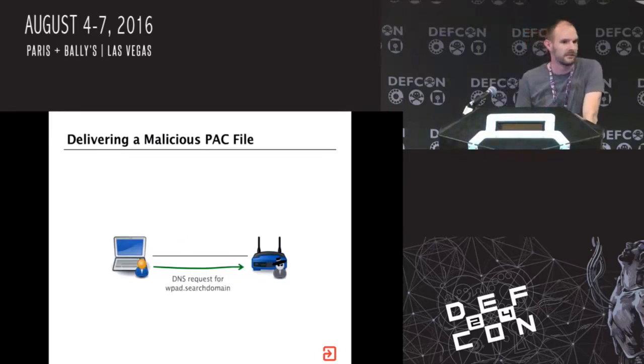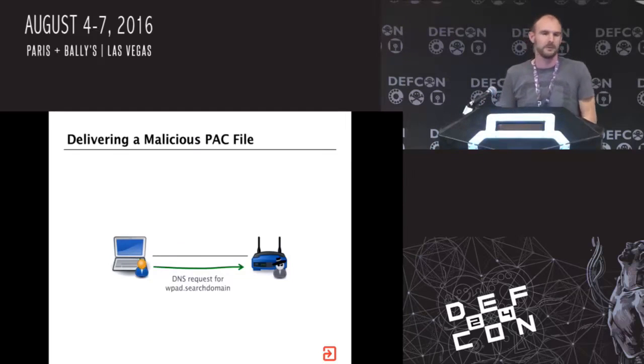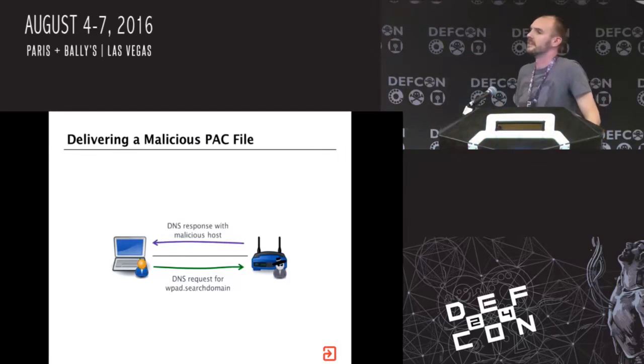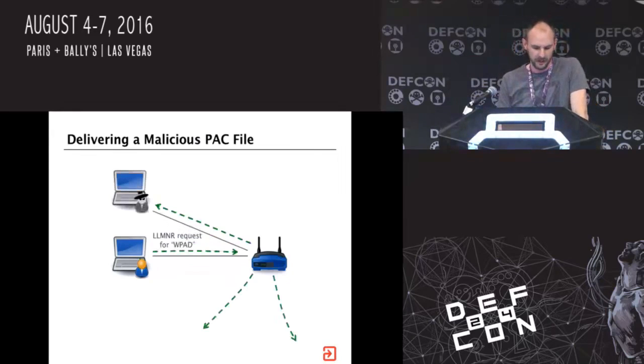Alternatively, if it doesn't receive a pack file through that, it'll do a DNS lookup for wpad.search domain, so the search domain that was either pre-configured or was pushed out over DHCP. If the router responds to that, it can then respond with the IP of a host which can serve a pack file, and in this case, we'll obviously be serving malicious pack files.